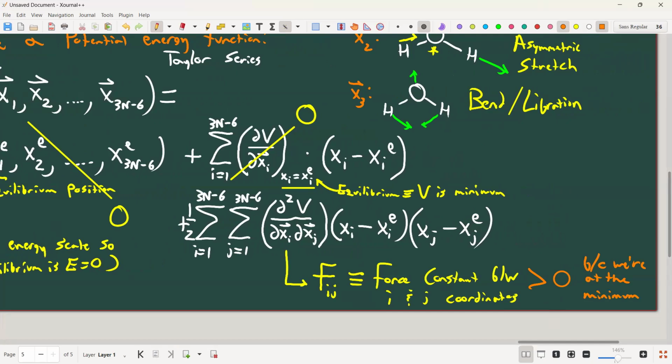And how many of these force constants do we have? Well, theoretically, we have 3n minus 6 times 3n minus 6. There's 3n minus 6 squared of them. Let me go ahead and copy this over. Our net potential now is this thing.